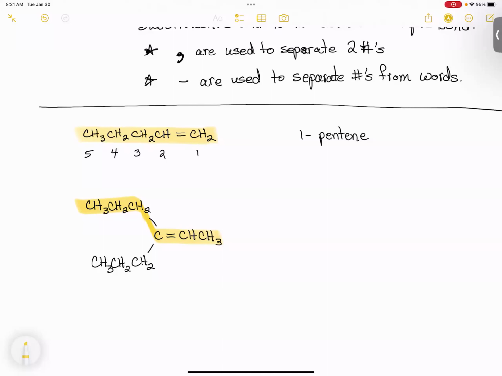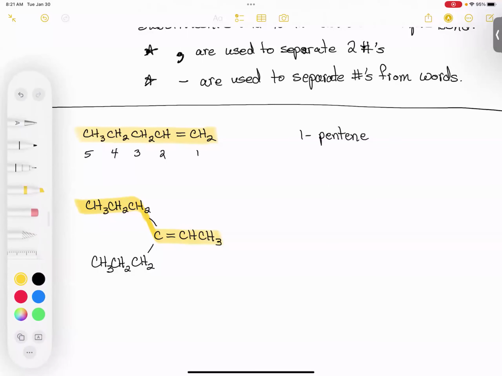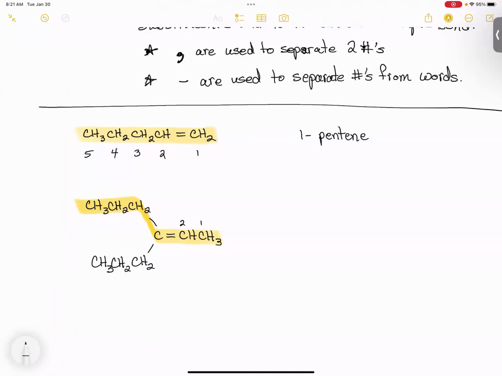Now, we're going to number it so that the double bond is the lowest number possible. So 1, 2, 3, 4, 5, 6.